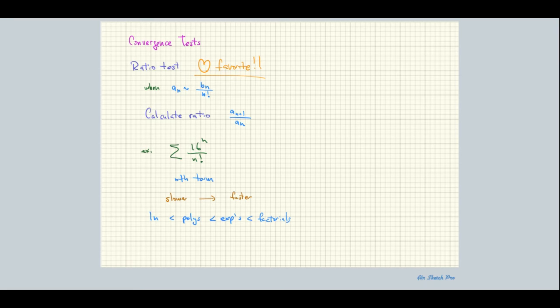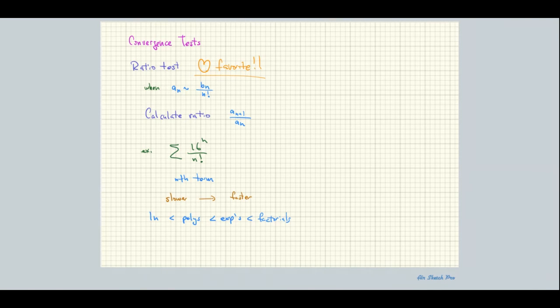Now, to be able to see that the factorial is faster than exponentials, it's enough to see that as you're expanding exponentials, you're always multiplying by the same number again and again. But with factorials, you're multiplying by a new number each time, and that new number gets bigger each time. When I'm at the 16th term on this one, the bottom is going to be canceling with the top.